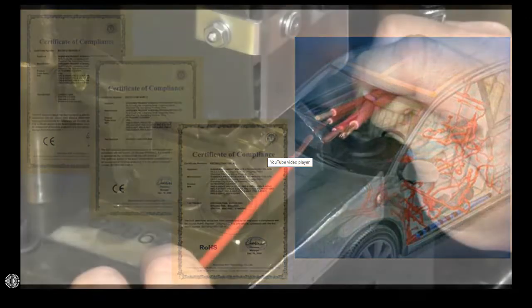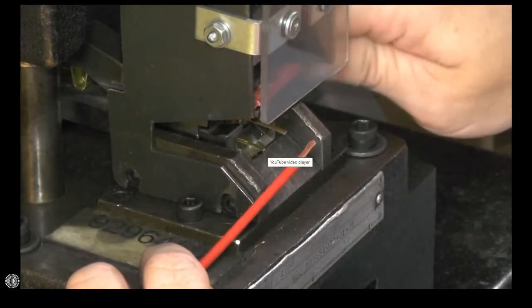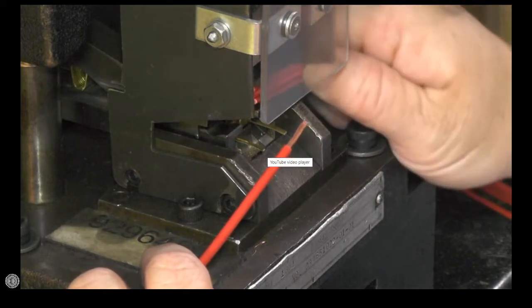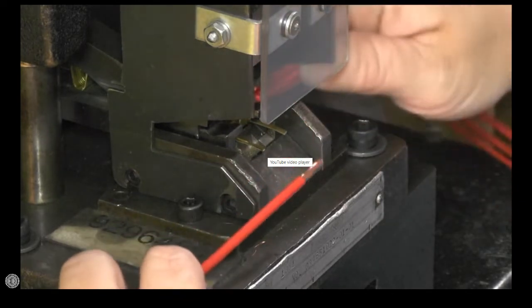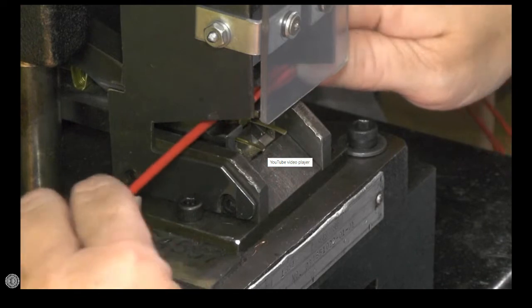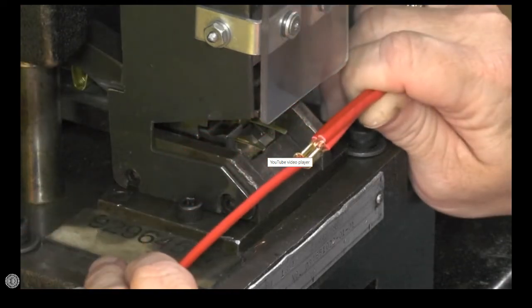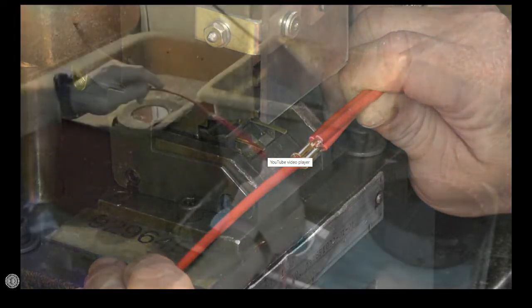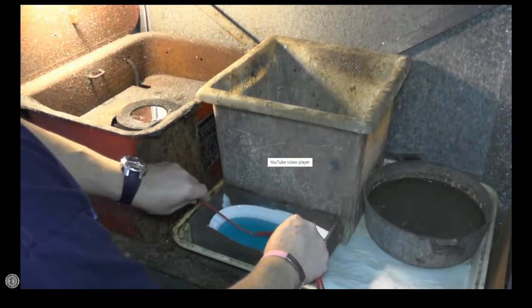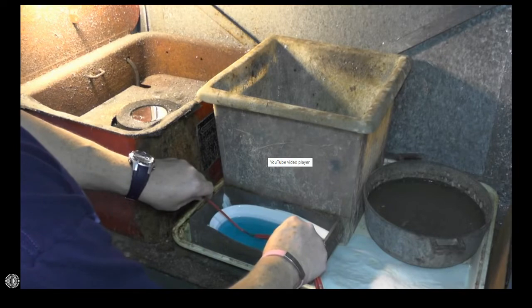Since the late 90s, ultrasonic welding has become the industry standard and is now required by GM, Ford, Chrysler, Mercedes, and all the major automotive manufacturers. Let's compare the traditional and modern way to splice wires. With the traditional method of splicing, or the clip and dip method, multiple wires were first held together with a metal terminal, as shown here. Then that splice was taken to a dip soldering station.